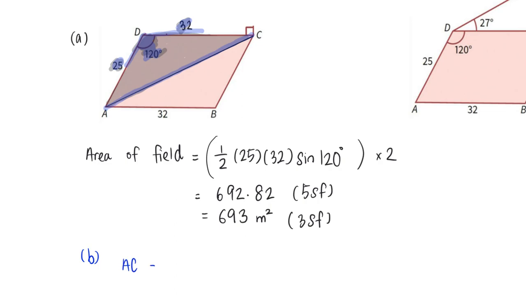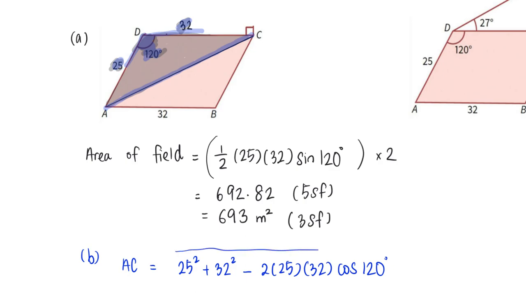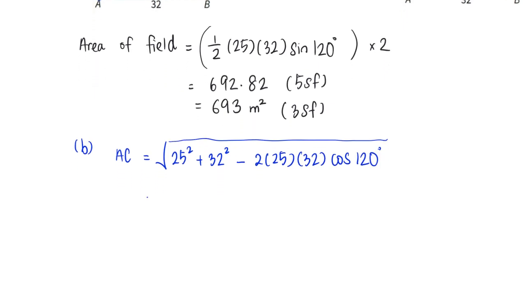So my AC is equal to the square root of 25 squared plus 32 squared minus 2 times 25 times 32 cosine angle 120. And this will give me a value of 49.487 to 5 significant figures, 49.5 meters to 3 significant figures.